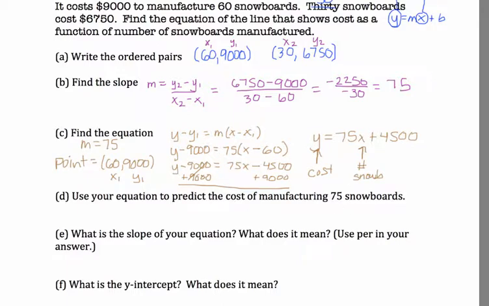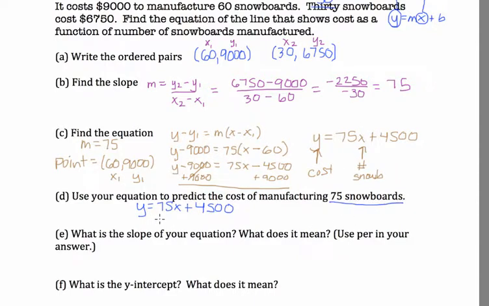So part D. Use your equation to predict the cost of manufacturing 75 snowboards. Well, take your equation. And we know that manufacturing 75 snowboards, so 75 is the number of snowboards.